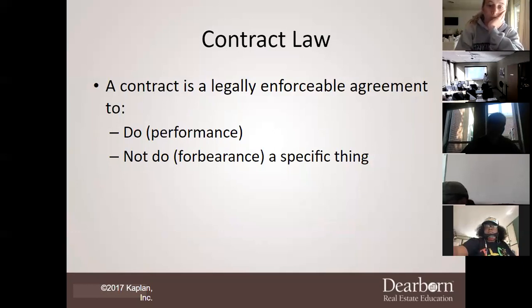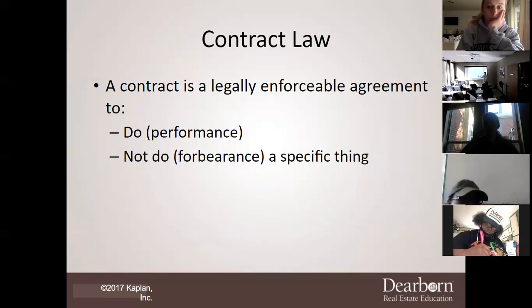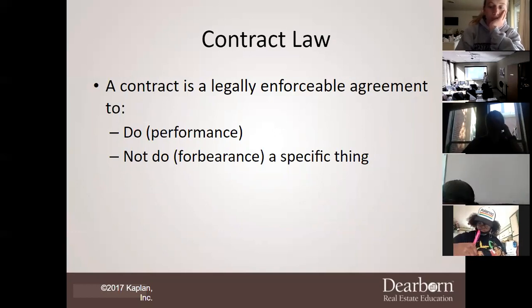A contract is a legally enforceable agreement, and it's either to do something or not to do something, to perform or to forbear. When you do a contract, a lot of the time it'll be do this and I'll do this, and at the end you get the house.